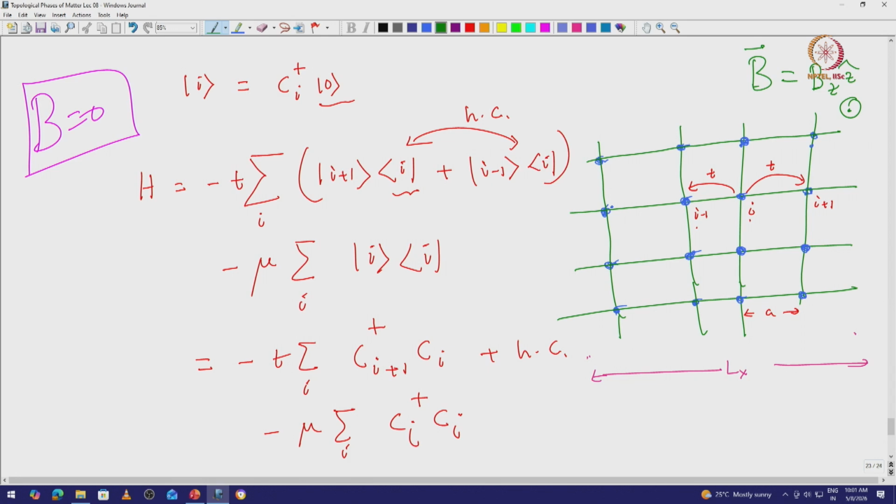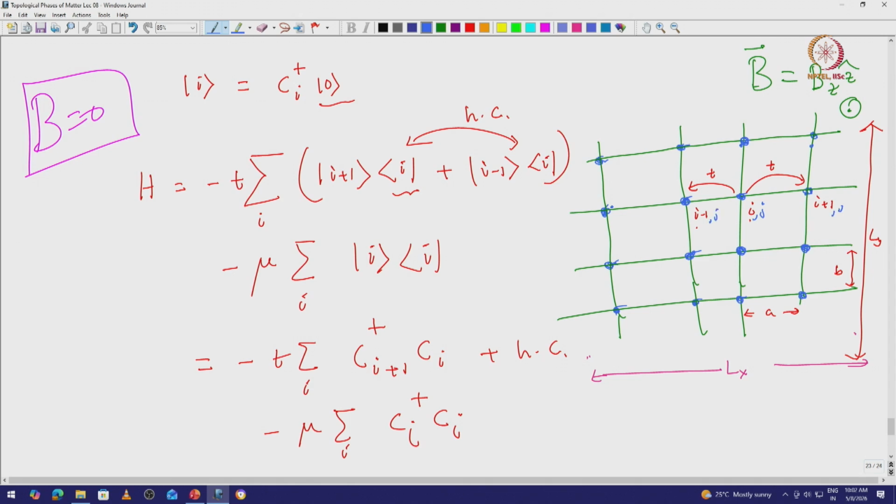So, we will have Lx this side and some length Ly, with b being the distance between the unit cells, and we will also include an index i, j.